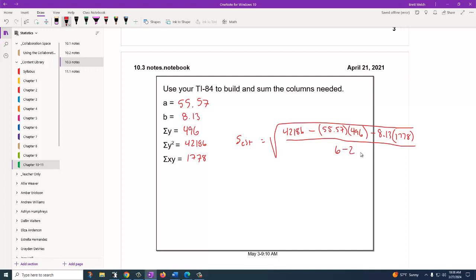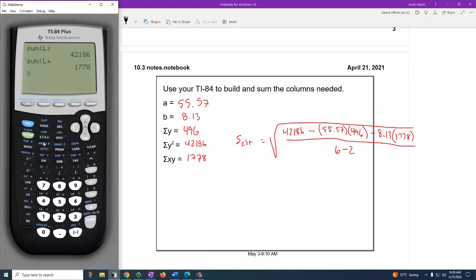When you evaluate this kind of thing, you want to be careful to make sure that you're typing it in without any mistakes. I'll do this once with you.